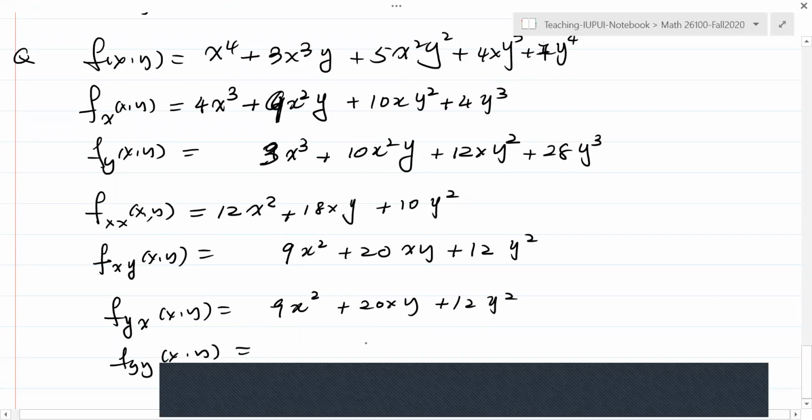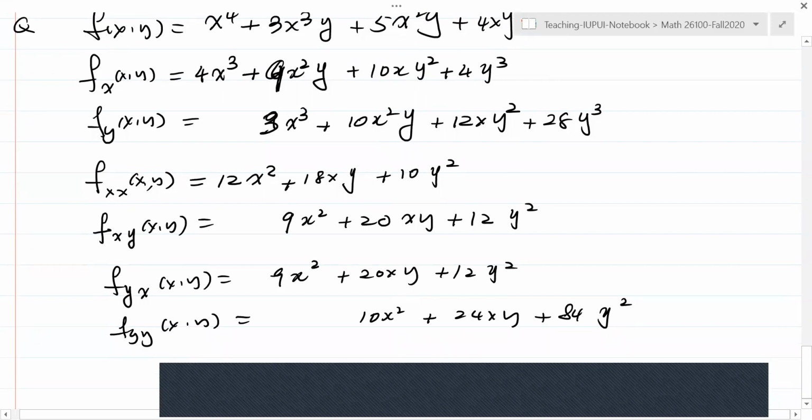The first term is 0, second term is 10x squared, and the 24xy, and well, the last one I have to do the multiplication. 28 times 3, right? 28 times 3, 84y squared. Okay, so you will discover that after doing several examples, these two are the same.